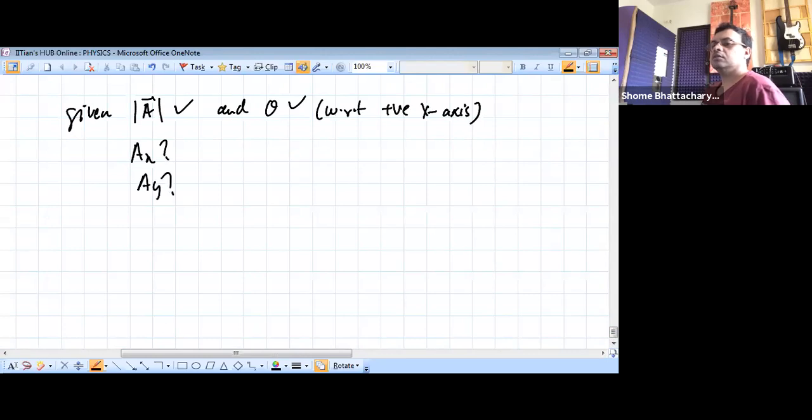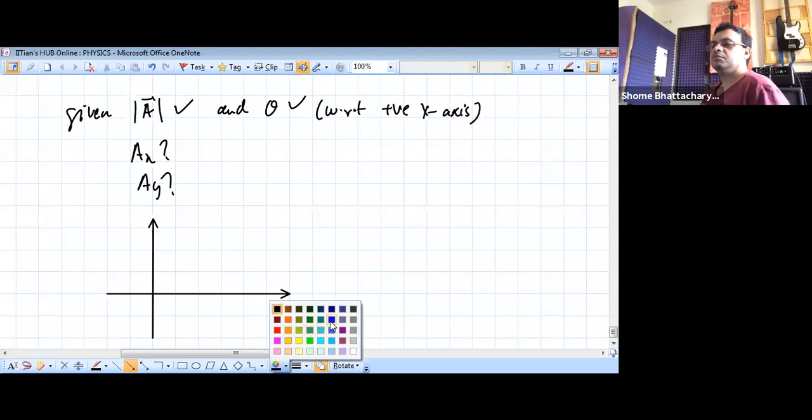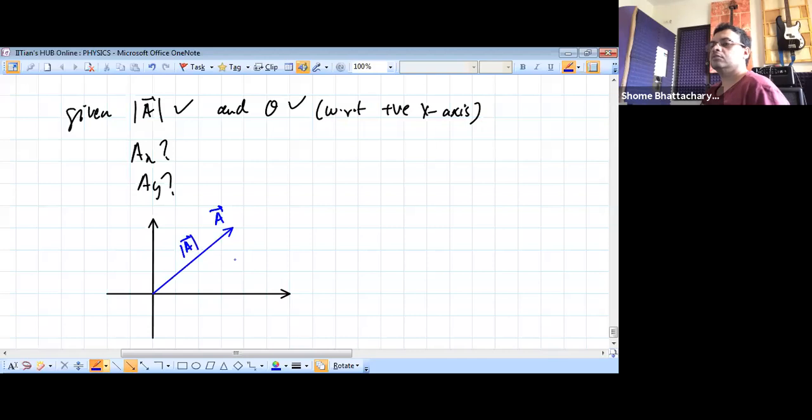It's very simple. Given the magnitude, that means we know the hypotenuse of this triangle. So this is the vector A. The hypotenuse is the magnitude.